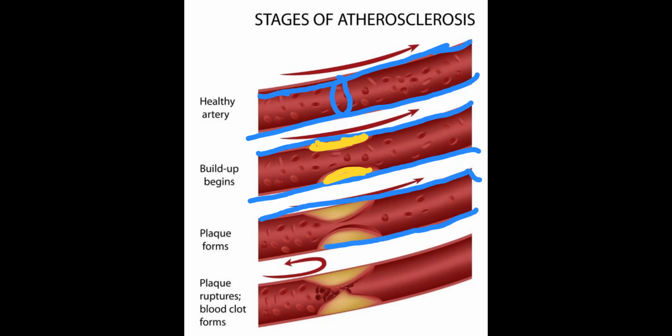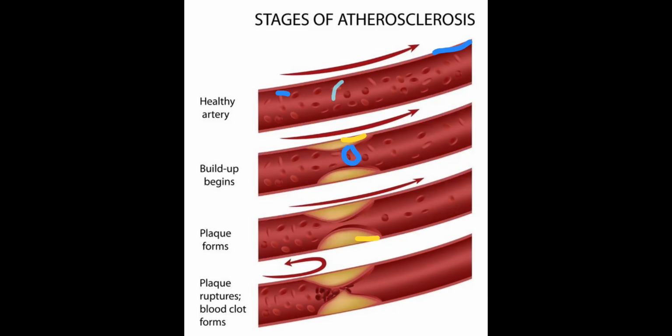So what happens when they get deposited? Well, you can see that the lumen of this artery is becoming narrower. See, it became narrow and further narrow. This narrowing of the lumen of an artery because of the deposition of such materials, that is termed as atherosclerosis.